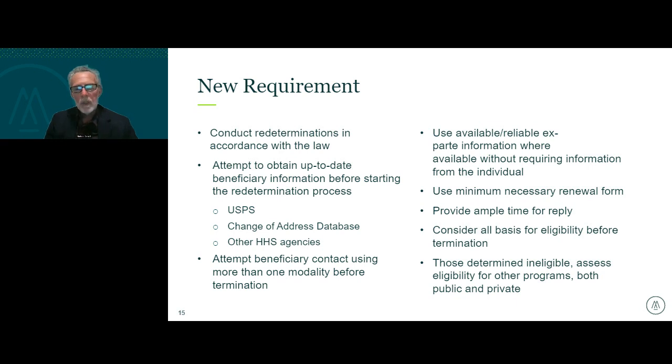And there's a whole host of databases that states could access to try to pursue this. For those that they can't get underway utilizing ex parte means, CMS is directing the states to provide a renewal form that's basically as short as possible and only includes solicitation of the information that's absolutely necessary in determining eligibility. For instance, avoiding accumulating a lot of other information that the state already has, and just repeating it.